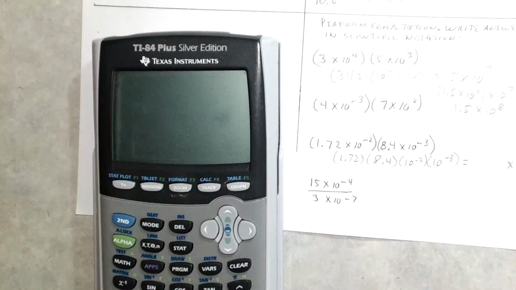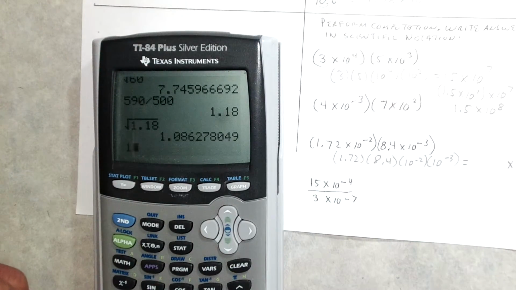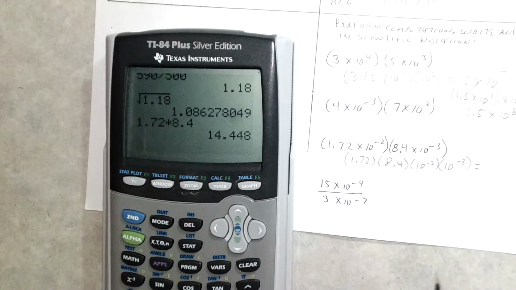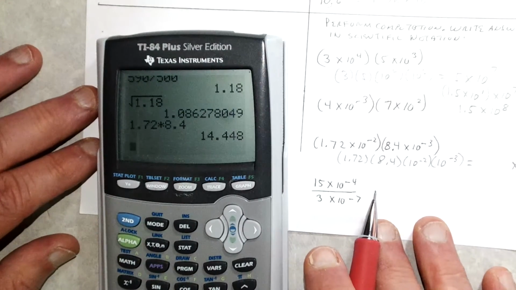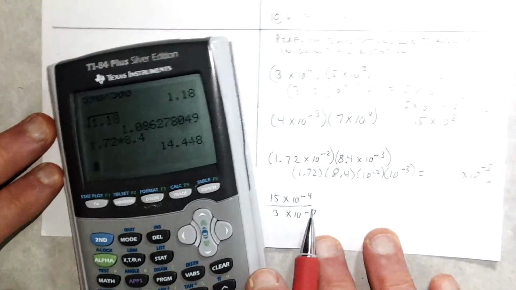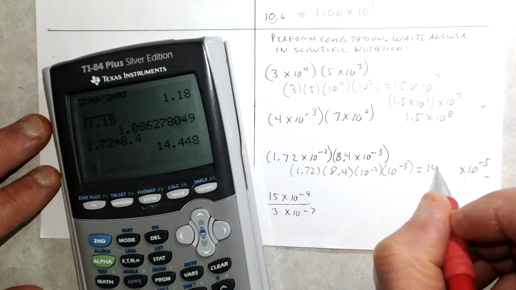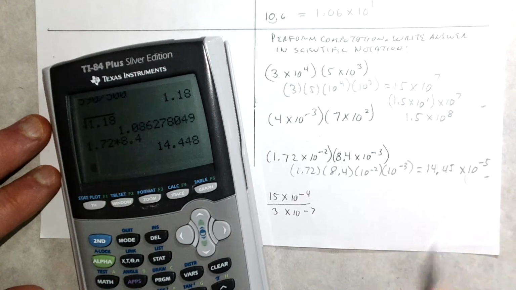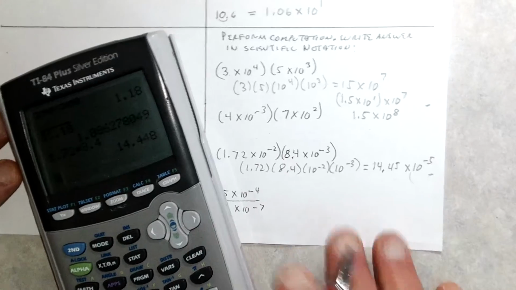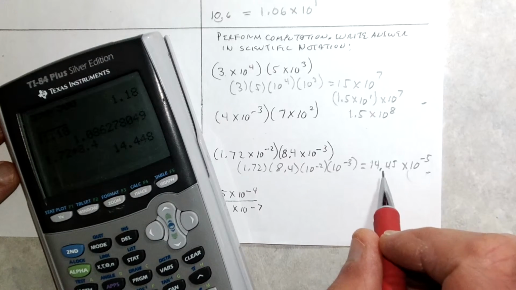Let's take a look. 1.72 times 8.4, and that gives me 14.45. I'll call it 14.45. Well, once again, I ran into a little bit of an issue here because that is not quite scientific notation.